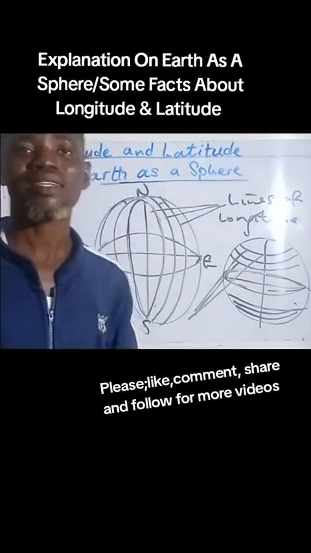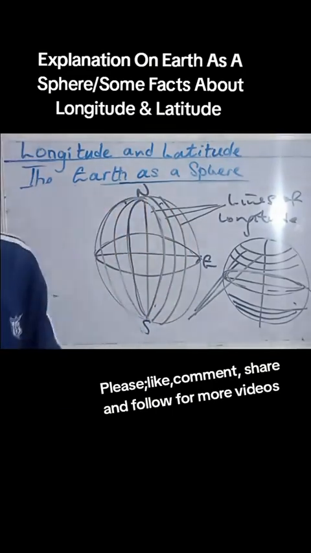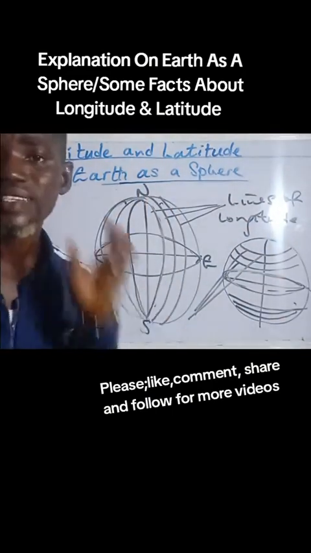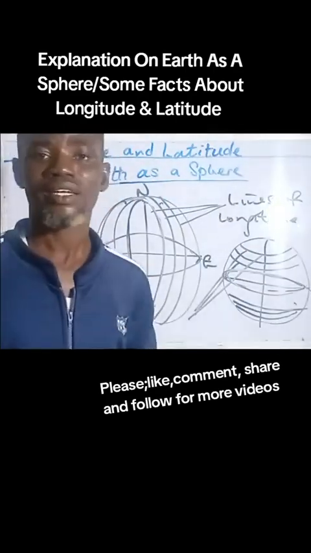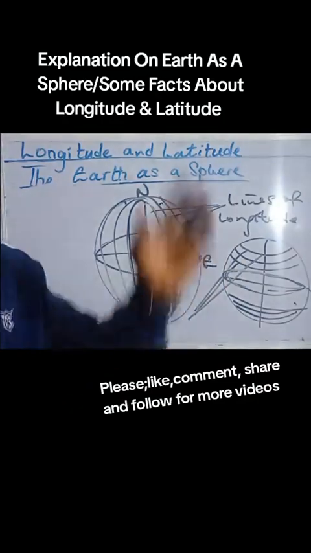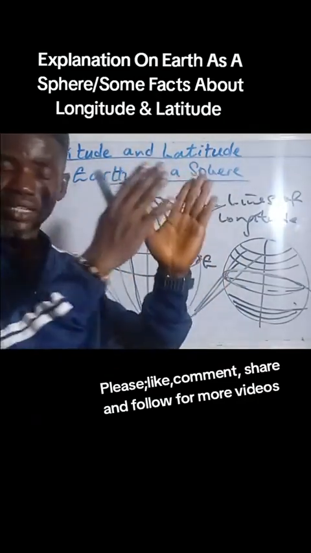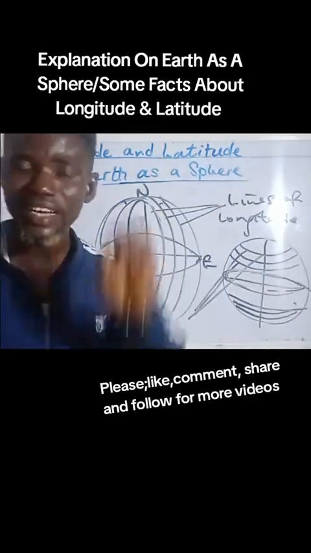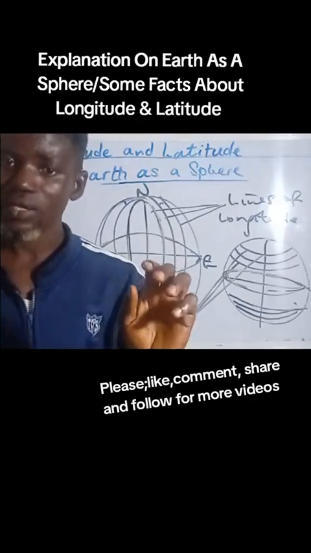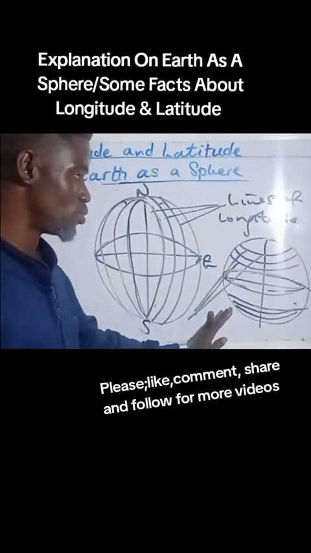Number three fact is that the center of the great circle is the same as the center of the sphere or the Earth. Then the last fact is that the radius of the great circle is the same as the radius of the sphere. So this is where we are going to stop today.